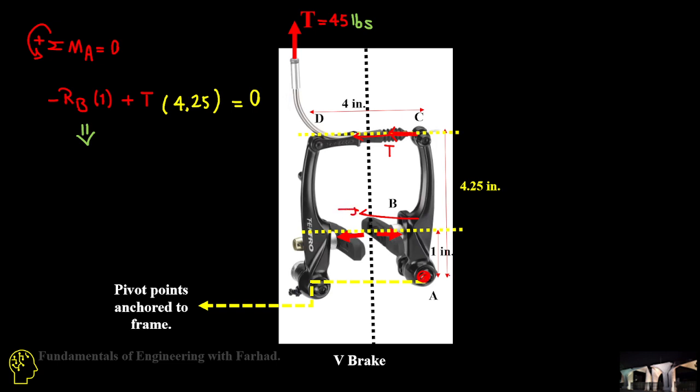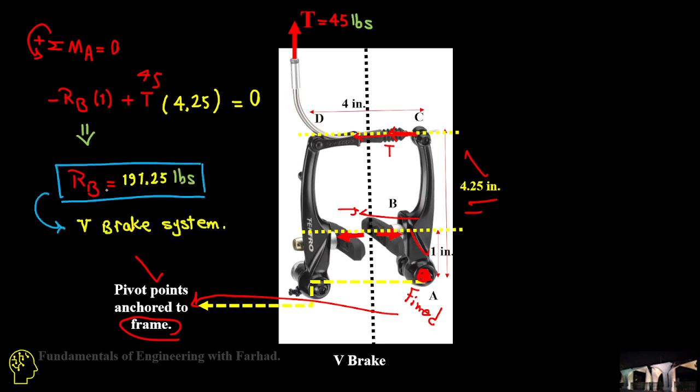Because this is a pivot point fixed to the frame, we apply a summation of moments about A. So negative RB times 1, reaction of brake in a negative direction of moment, plus a tensile force, which is 45, times 4.25 inches. That makes RB equal to 191.25 pounds for the V-brake system.